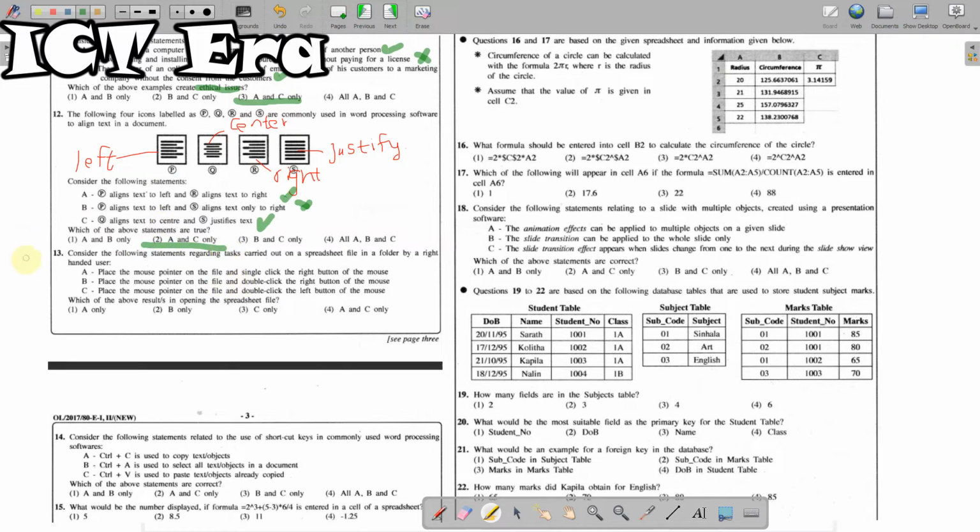Then the next one, the 13th question. Consider the following statements regarding the task carried out on a spreadsheet file in a folder by a right-handed user. Now we have to open a folder. So let's see A. Place the mouse pointer on the file and single click the right button. When giving a single click, what happens?